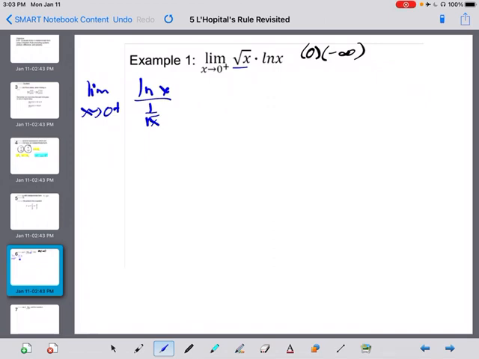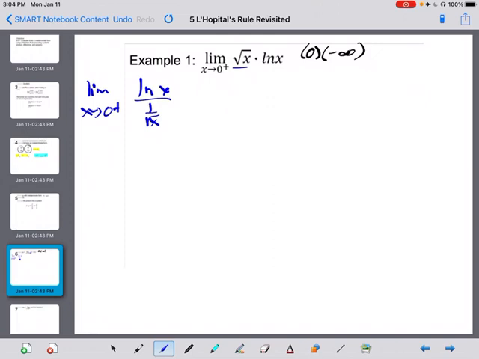Now I plug in my values. At the top, that gives me negative infinity if I plug in 0 from the right. At the bottom, as I approach 0, that is also going to approach infinity: 1 over some number that keeps getting smaller and smaller means the whole thing gets bigger and bigger.